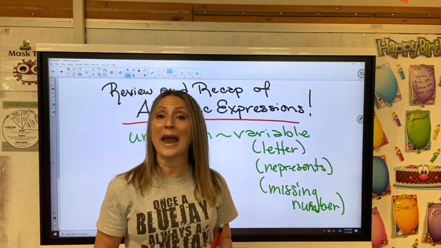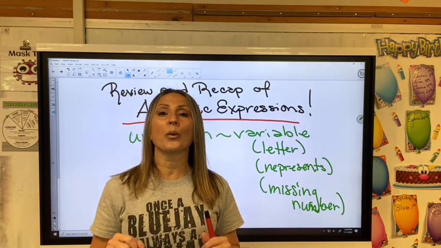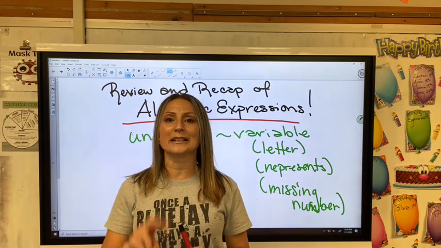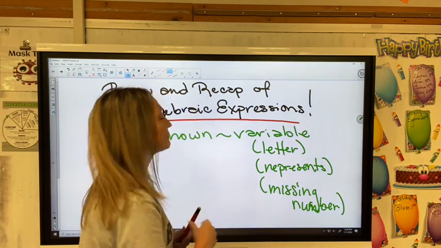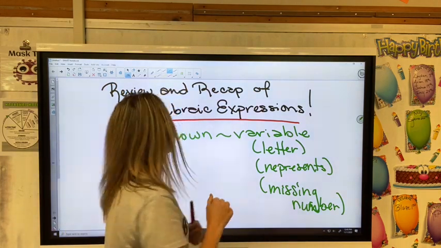And there are a couple ways we can do that. We can either see it in a problem or we can write it out from a problem. Both ways require us to have 2 pieces of information. You have to have at least one of the 2 pieces of information. Let me clarify that.